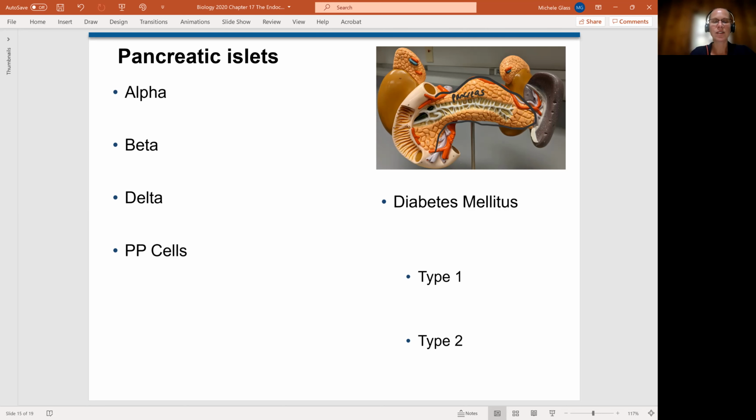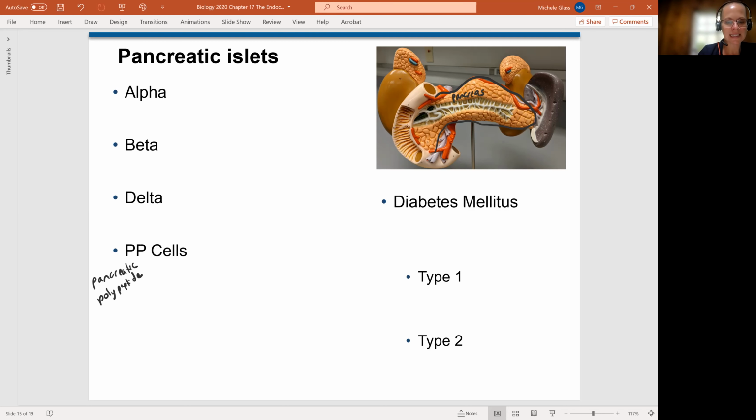Now, those islets are composed of 4 different types of cells. We have the alpha cell, beta, delta, and then what's abbreviated as the PP cell, which stands for pancreatic polypeptide. Let me go ahead and write that below, if you don't want to say PP in your notes.